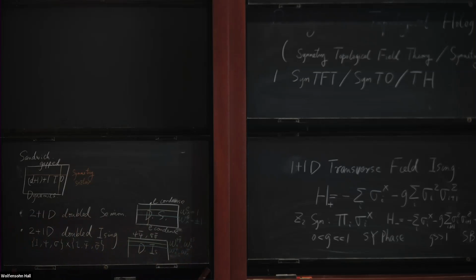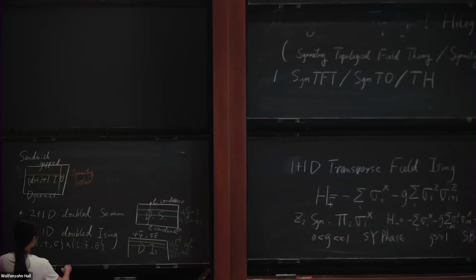So these blue ones actually give us non-trivial symmetry transformations of the sandwich. But due to the non-abelian fusion rule of the sigma particle, this actually gives us a non-invertible symmetry, exactly like what Shuheng was talking about.